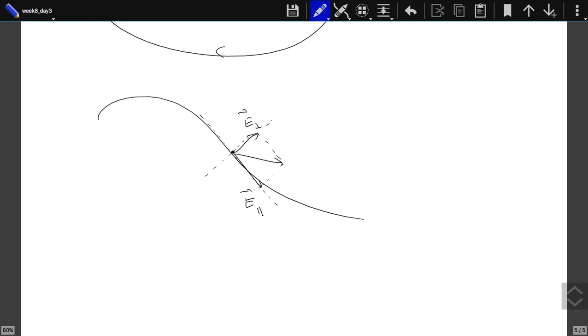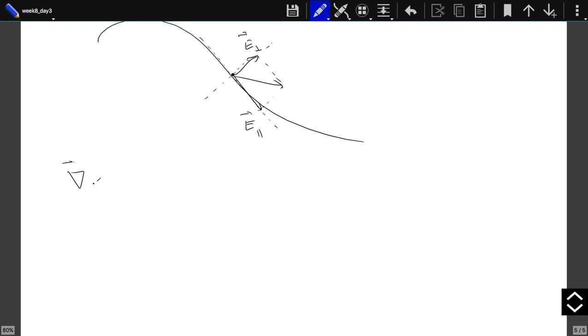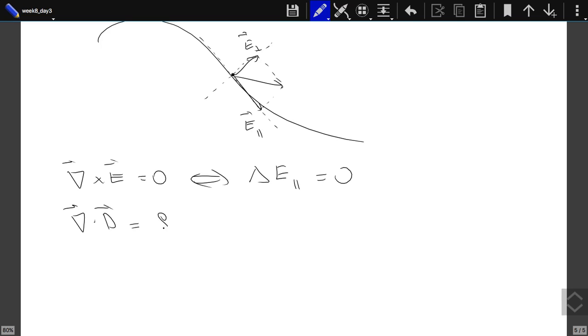Now, do you remember the connection between curl of E equal to 0 and the change in E parallel being equal to 0? And the divergence of D being rho free and the change in D perp being equal to sigma free.